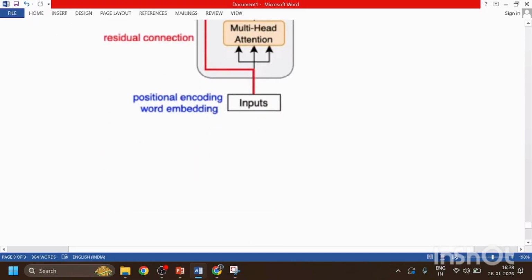Now we are going to move on to the decoder in the next section. I already finished the encoder part of the transformer. Now we are going to understand the transformer decoder and how text is generated. By the end of the video you should say, now I understand how GPT actually generates text one word at a time.